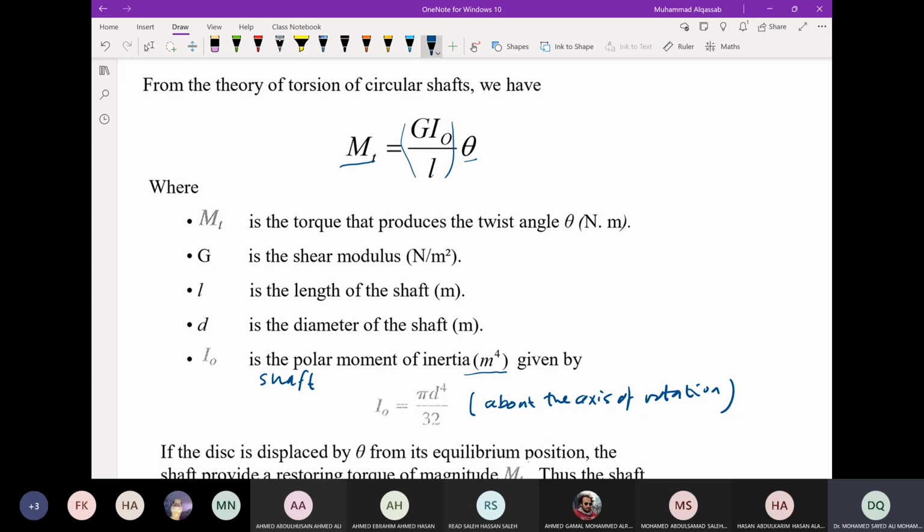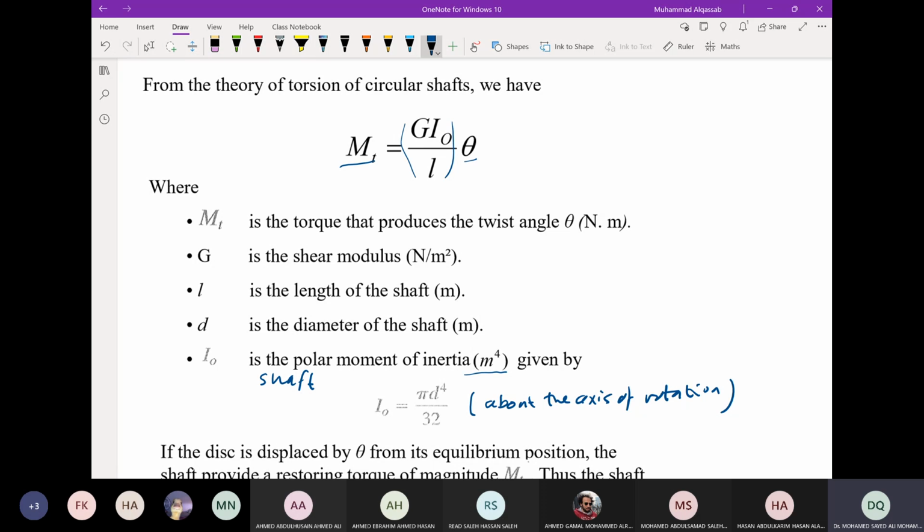Okay, the stiffness of the shaft, because the type of loading of the shaft is torque or torsion or moment, and the relationship between the torque and theta is linear. This is similar to Hooke's law for the spring, that F equals K times x.